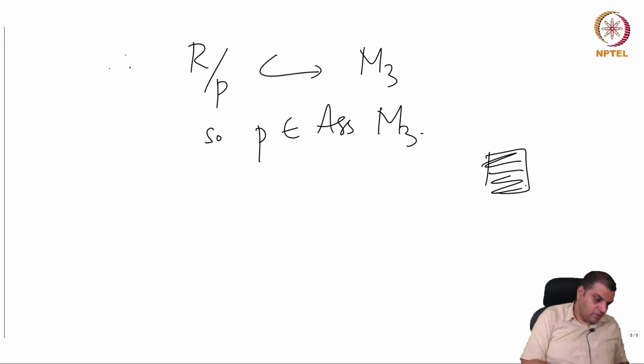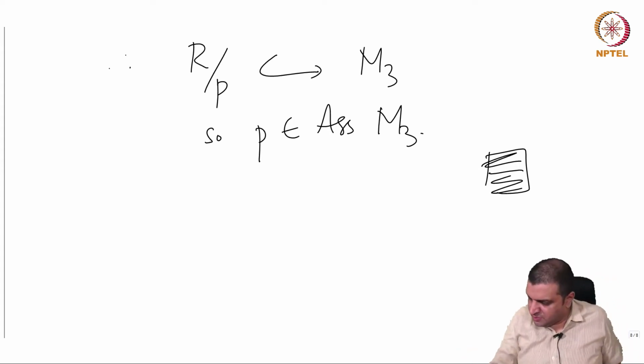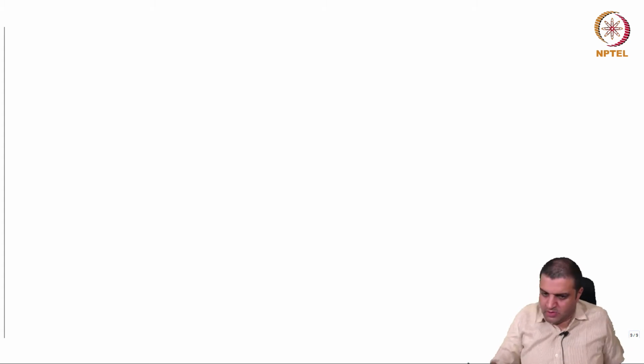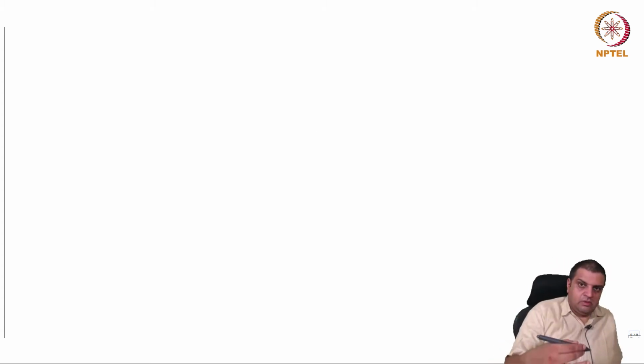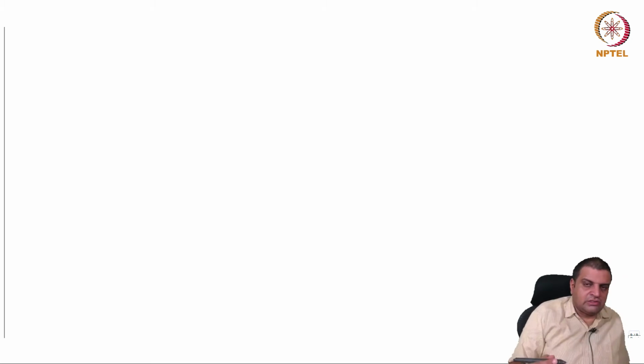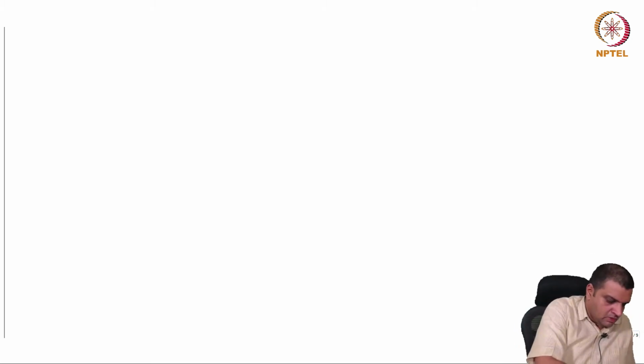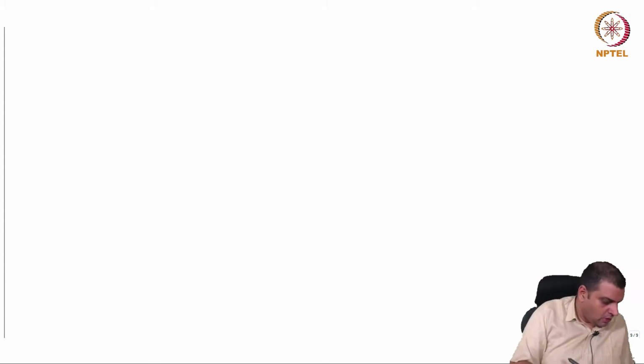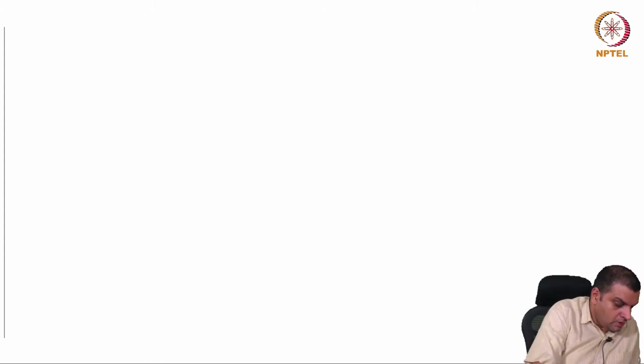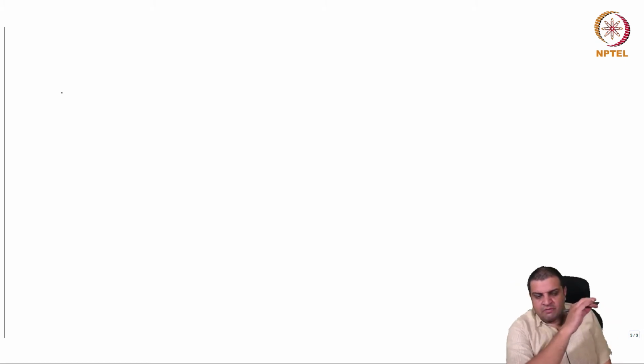Okay. So these are some basic, elementary properties for associated primes. We will study more as we restrict ourselves to Noetherian rings, but we will proceed as we go along. Okay. So next we need to generalize the idea of irreducible ideal.